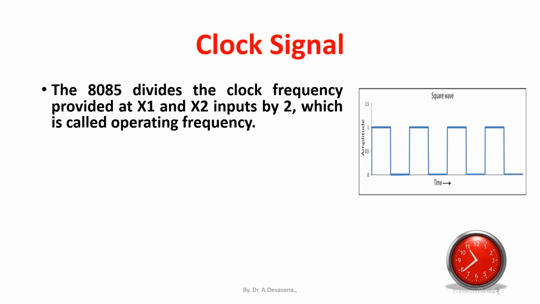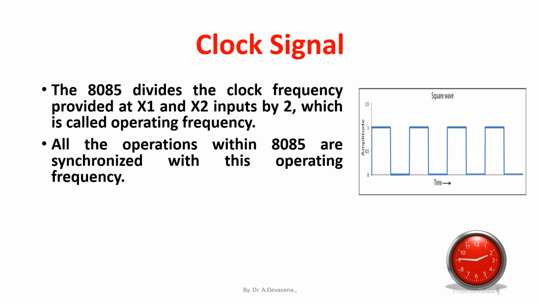All the operations within the 8085 are synchronized with this operating frequency. Therefore, in the timing diagram, the operating frequency clock is shown on the top, and then the signals are shown with reference to the operating frequency clock.